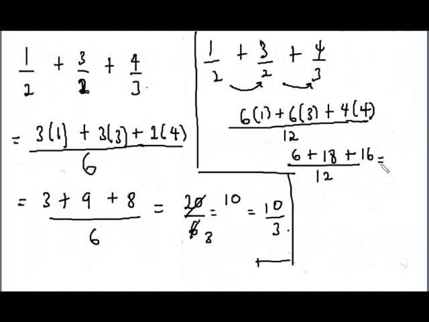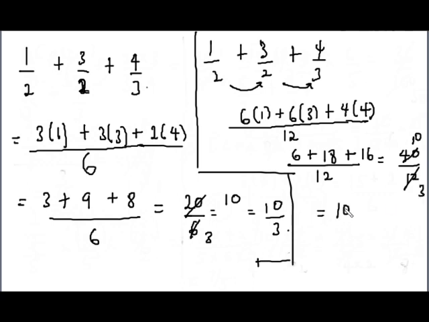So to add all of this up, we have 6 plus 18 plus 16, which is ultimately 40 divided by 12. We know that 4 can go into 40 10 times, and 4 can also go into 12 3 times.